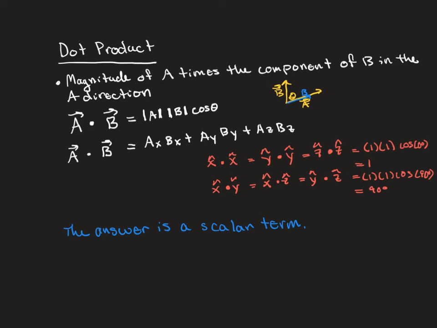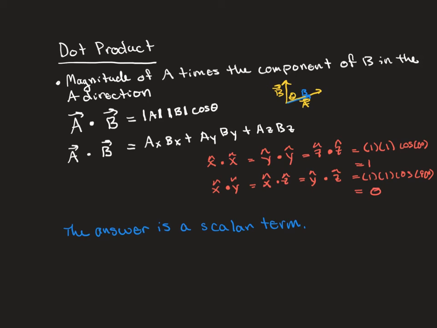On the other hand, if you had tried to take the dot product of the x term and the y term, or the x term and the z term, or the y term and the z term, once again, the magnitude of those unit vectors is 1, so you're just taking 1 times 1, but now you're doing the cosine of 90 degrees, because the x component would be to the right and the y component would be up. Those are 90 degrees from each other, and so the cosine of 90 degrees is 0.